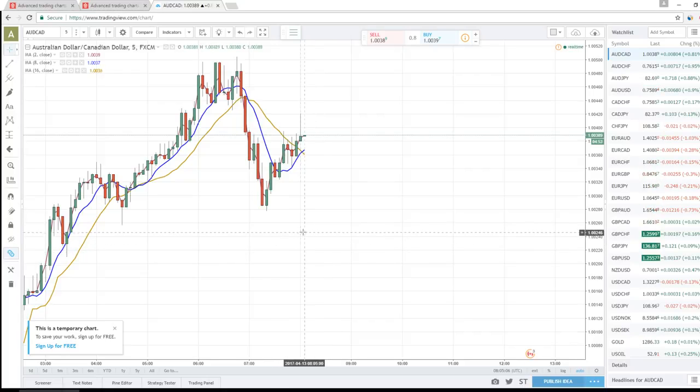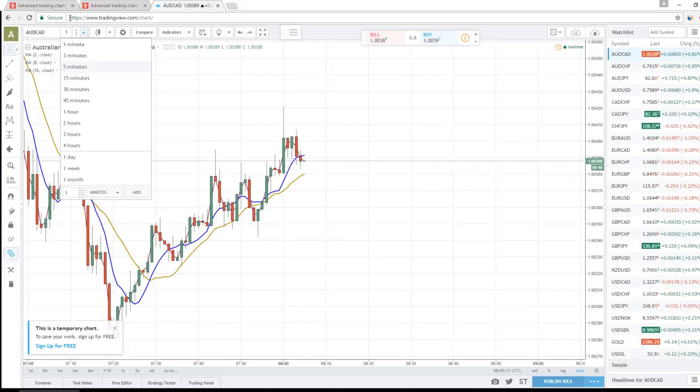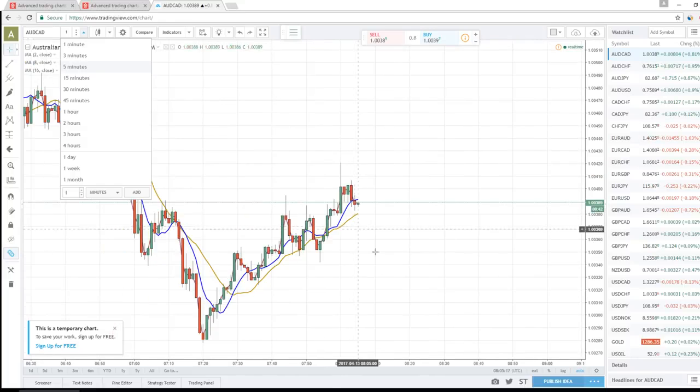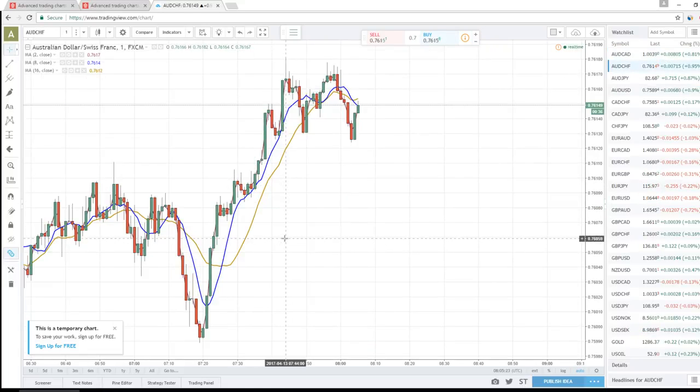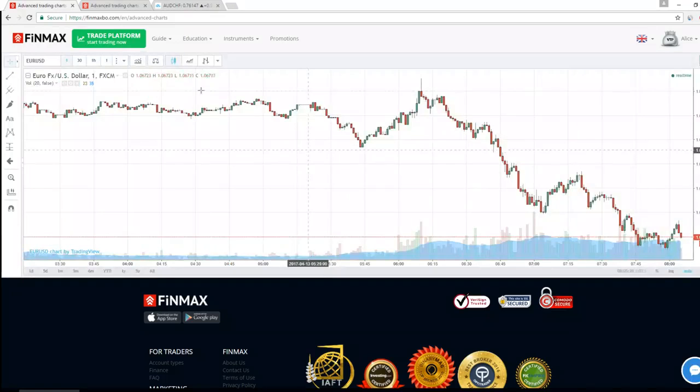Right now we gonna start switching between assets and see what we can do here, what trades we can open. Right now there is a pretty interesting situation on Australian dollar to Swiss franc.